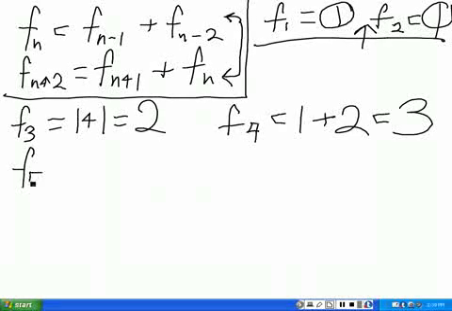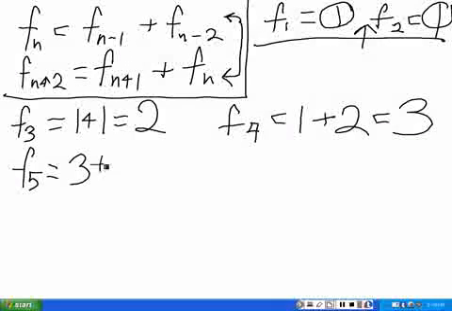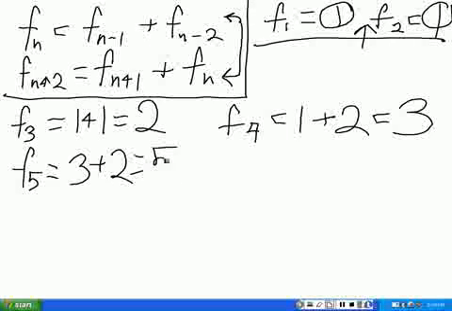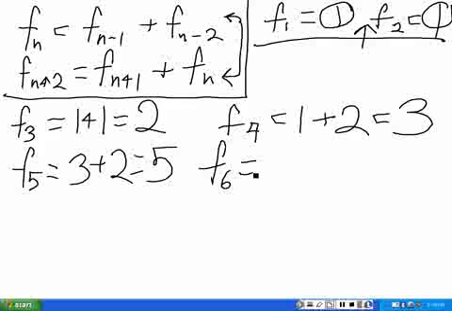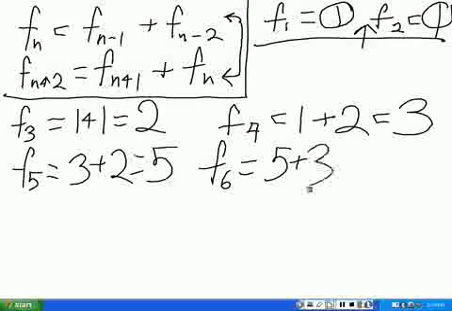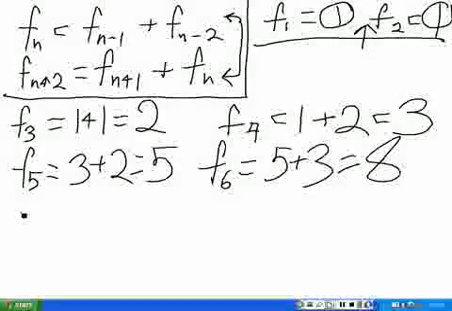Year 5, we already computed these, so you could check them against what we've done before, is 3 plus 2, or 5. Then year 6 is 5 plus 3, which is 8.